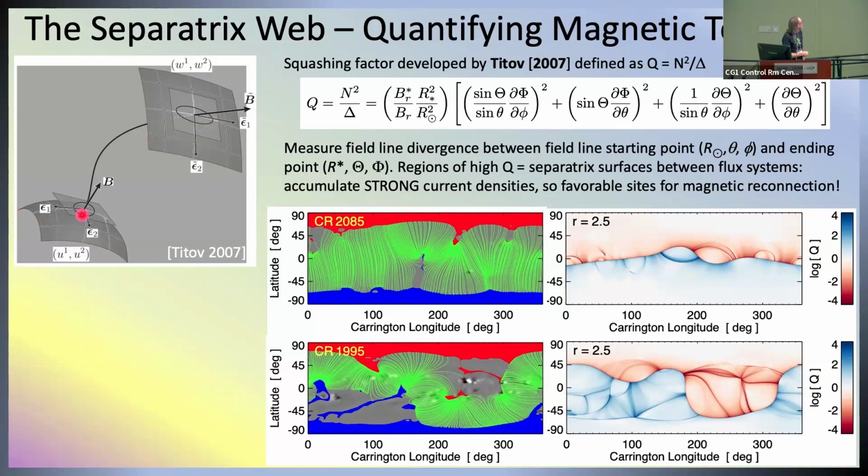One is that the difference in area between this circle and this circle, at the beginning of your flux tube and at the end of your flux tube, tells you how the magnetic field changes because you've got conservation of magnetic flux. So the same amount of flux that goes through this circle is going to end up going through this giant oval over here. So that tells you about the shape of the field distribution.